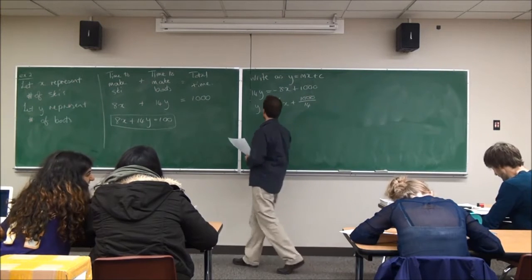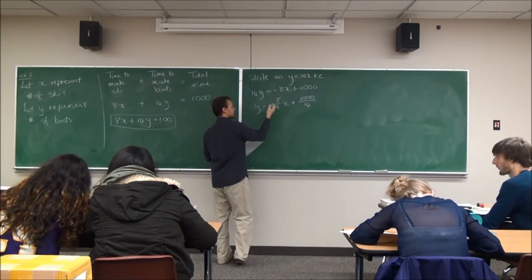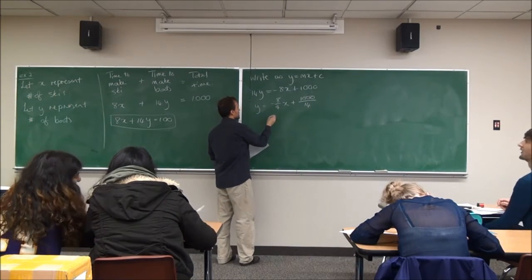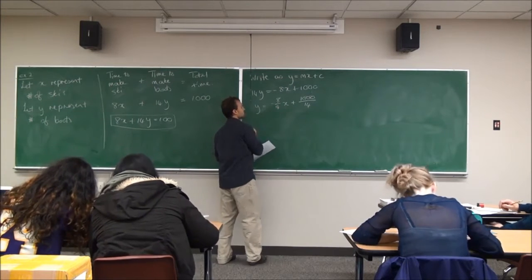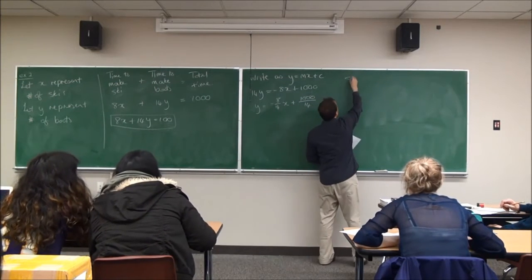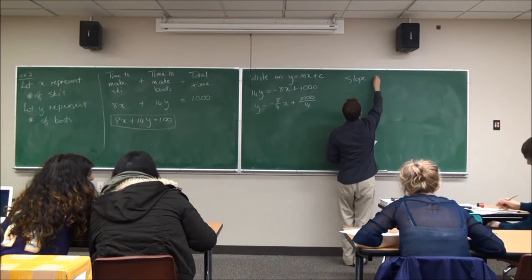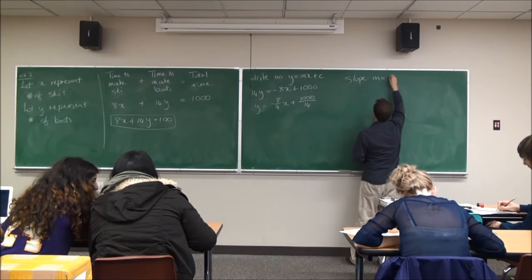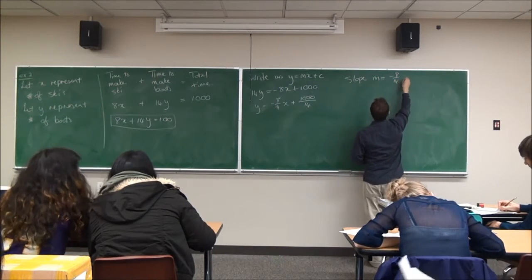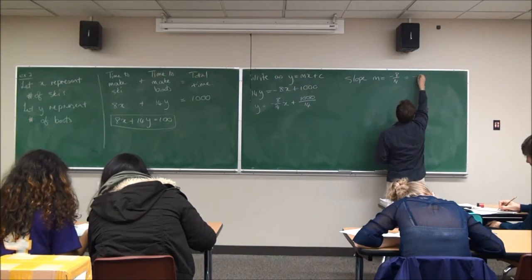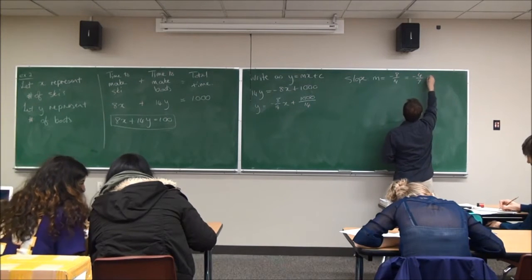Can you simplify it? I can simplify it. What is the slope? I only really care about the slope. Negative 8 over 14. I can write that as negative 4 over 7.